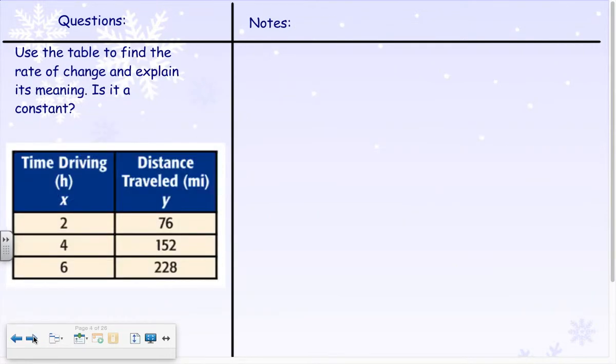All right, now we've got a table. So use the table to find the rate of change and explain its meaning. When I'm working with a table, I'm still going to do the change in y over the change in x. But I'm going to do that two different times, and I'll show you why in a second.